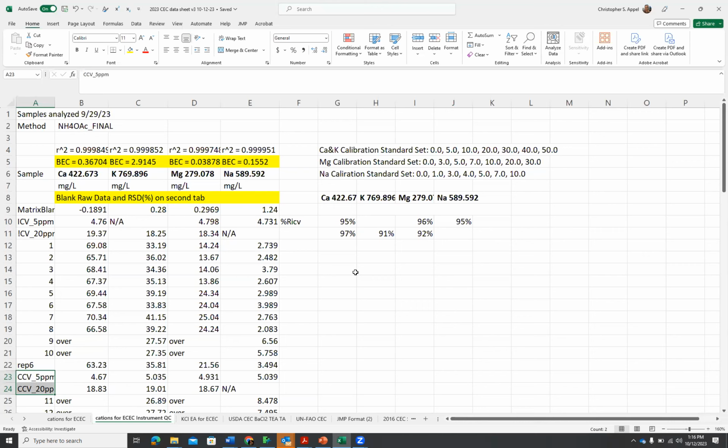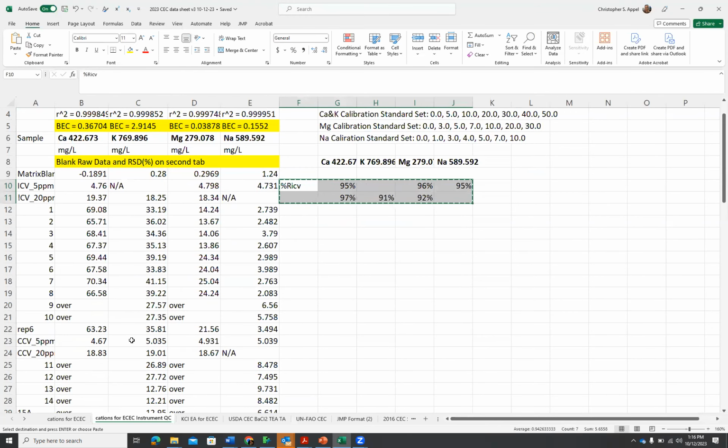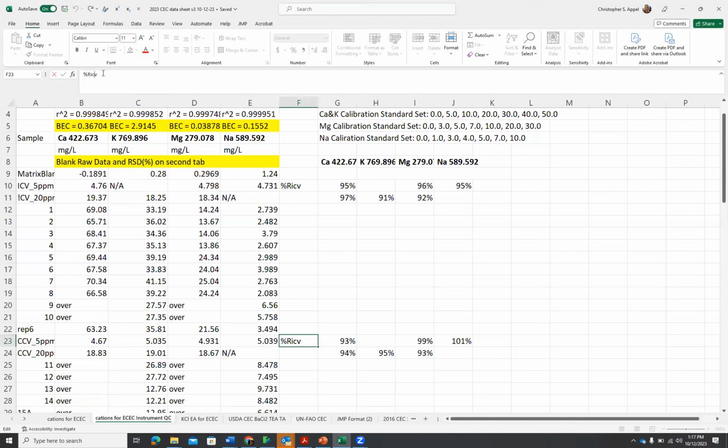All right, so what I can do is just take this block and copy it here. And I'm just going to change my label to CCV. CCV stands for Continuing Calibration Verification.